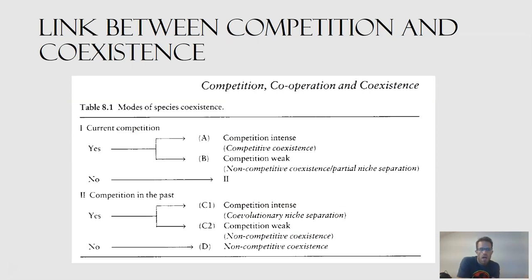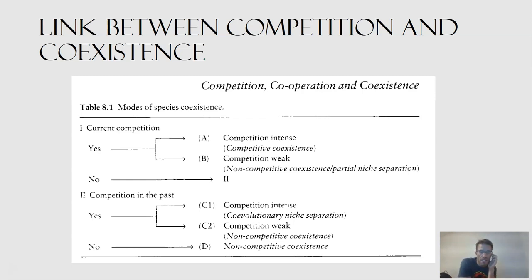And this table walks us through modes of species coexistence under competition. It splits between current competition and competition in the past. If you're interested in evolution, thinking about past competition might be particularly important, and thinking about current competition might be important for thinking of how these individuals might change going forward.